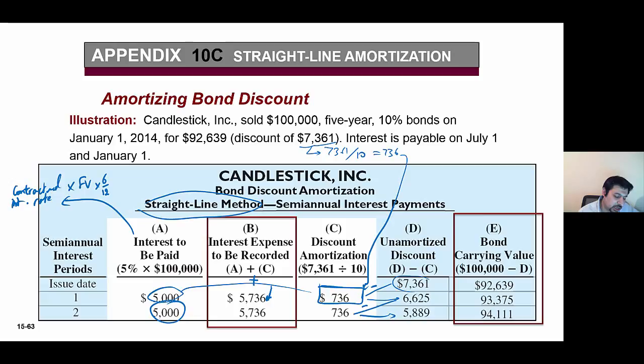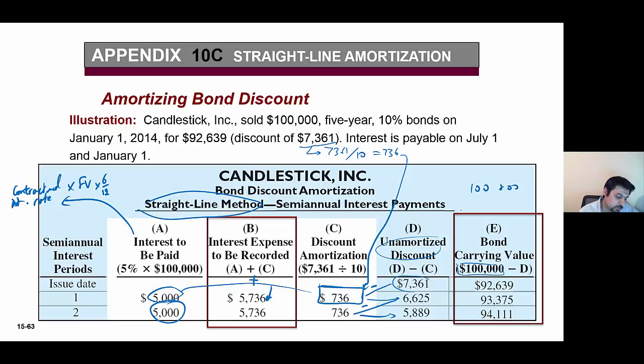On the other hand, the carrying value is always 100,000 minus the unamortized discount. So it's 100,000 minus 7,361.